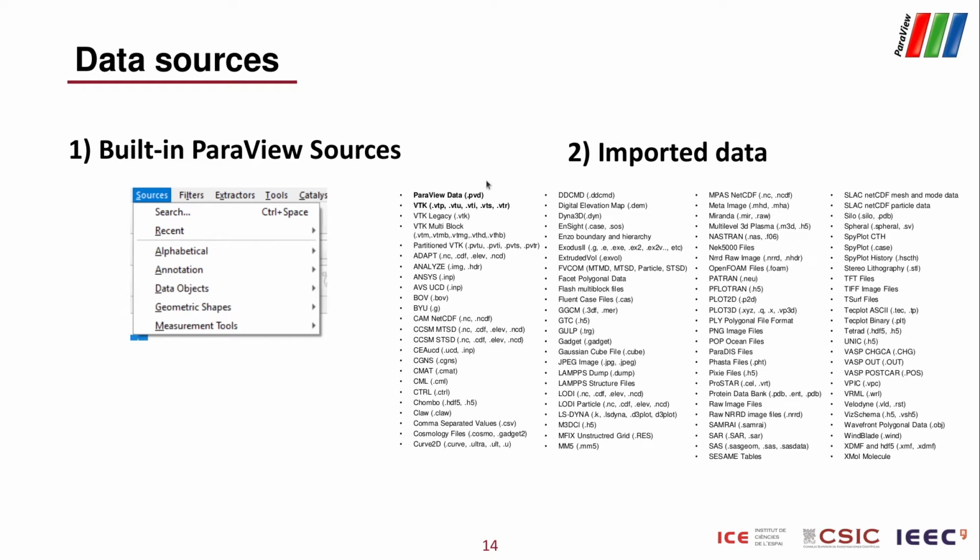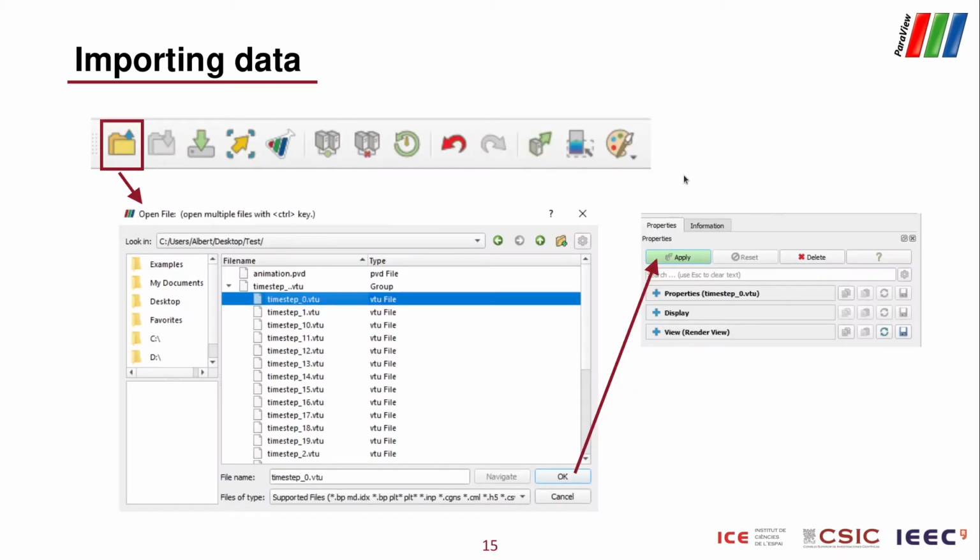And then we have the data that we import, which is mainly what we are going to use. In order to import data, we will go to this icon here, which is import, and we will select our folder and take our VTU file, click OK, and then we will apply.